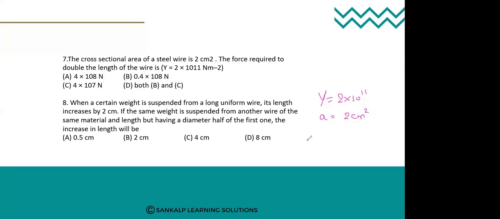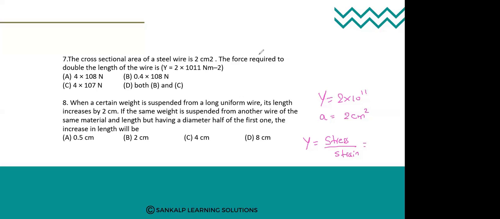The first question we solved, that is the third question, in the same way you can try this. Young's modulus is equal to stress upon strain. Stress is force by area. The cross-sectional area is given, and the force required to double the length.